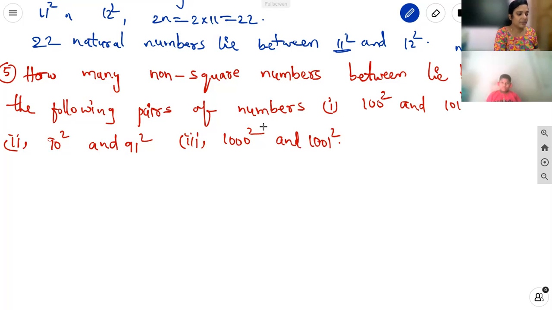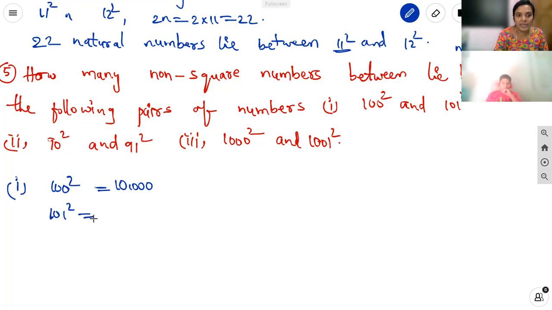Here, first case, 100 square. 100 square means 10,000. 101 square, that is equal to 10201.